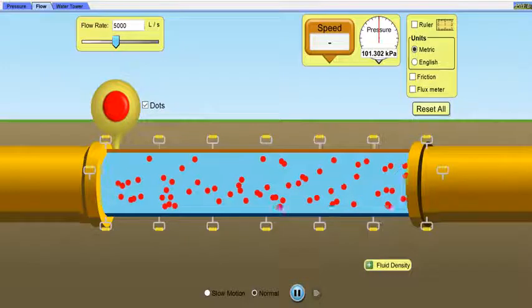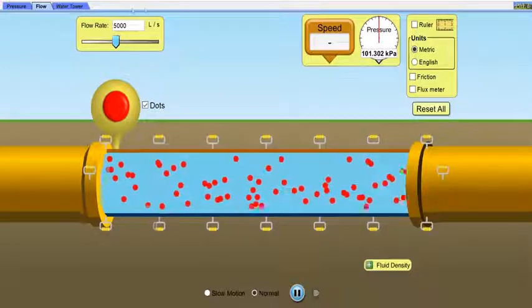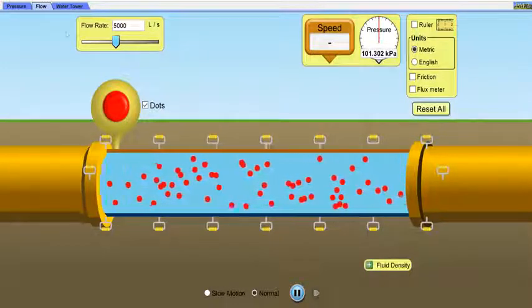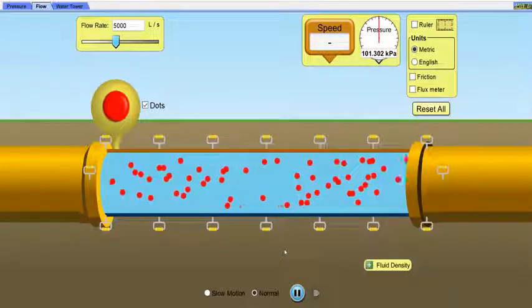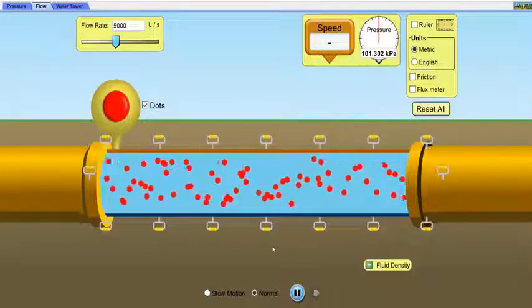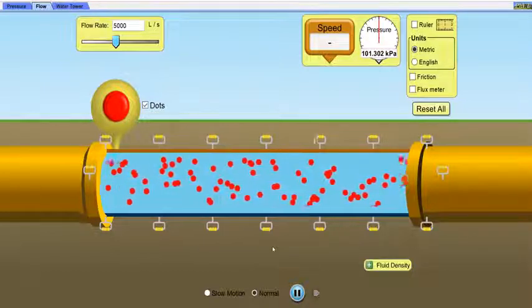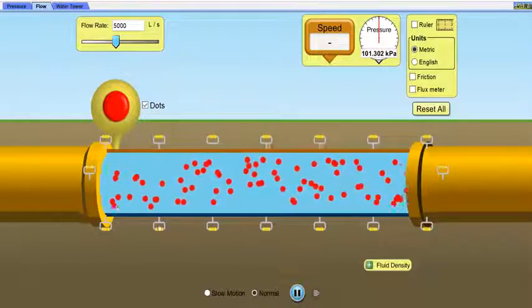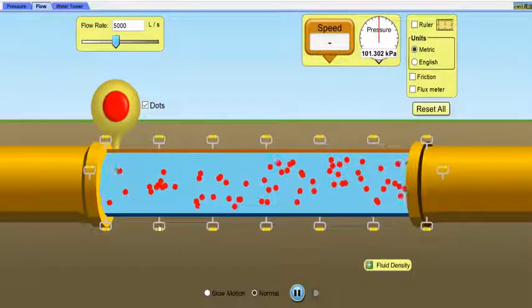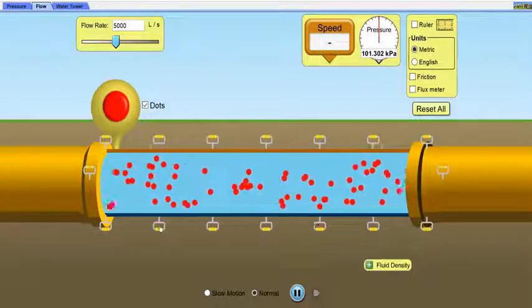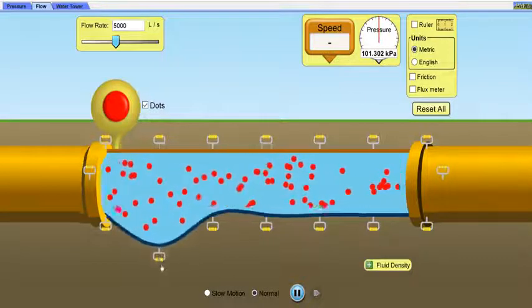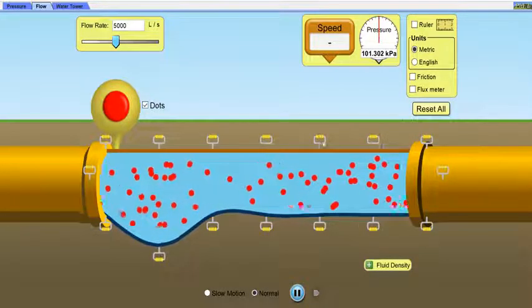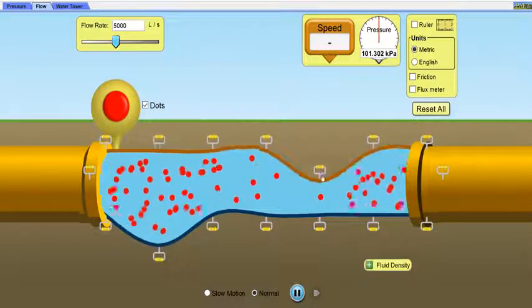Look at this. Here I have a pipe, and fluid is flowing through it. So let's understand it by changing the shape of this pipe. I will reduce the area at some places, while at other places I will increase its area. You observe the velocity, how it is affected. At this place, let me increase this area, and at this place I am reducing the area.